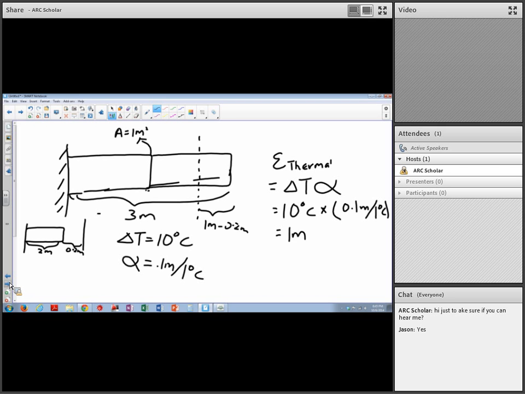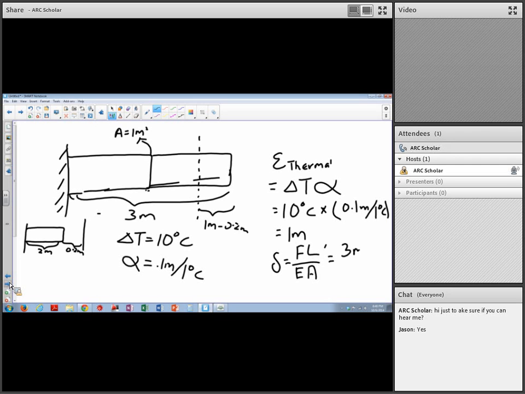which is... so you got the length now, because now you are considering a new question, which is the old length, and you're pushing back. So the L is going to be 3 meters.